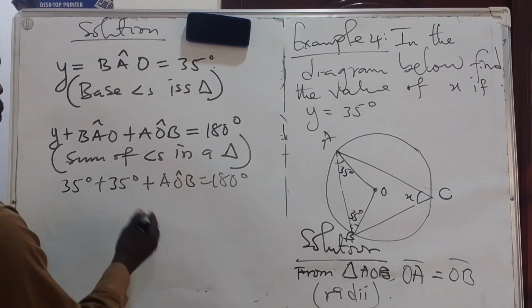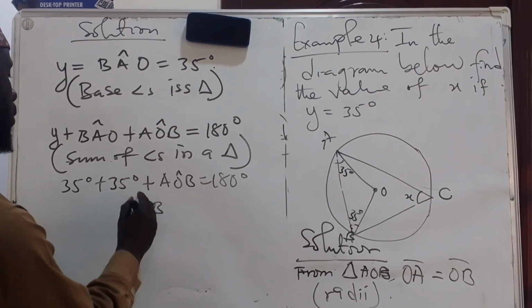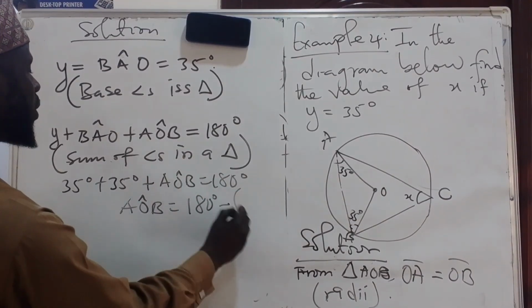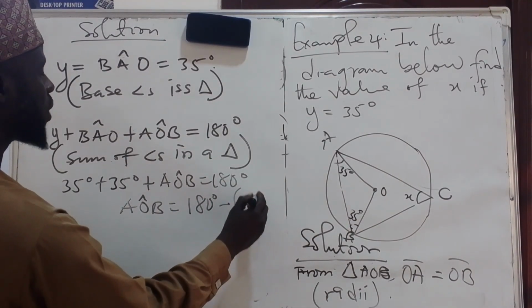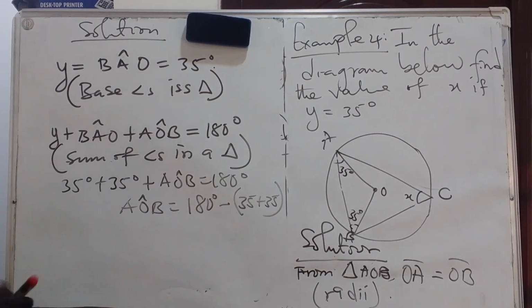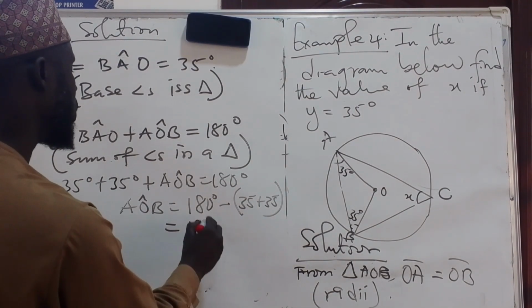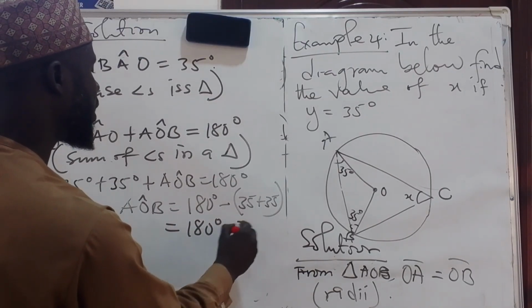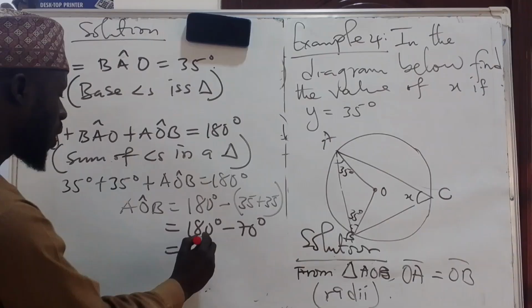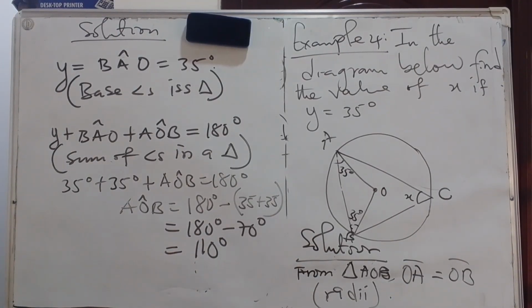So AOB is equal to 180 minus the sum of the two 35s, that means AOB is equal to 180 minus 70 degrees. So AOB is then equal to 110 degrees.